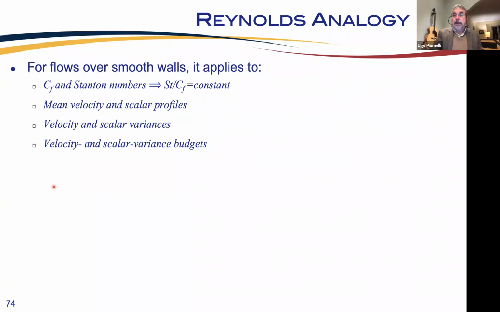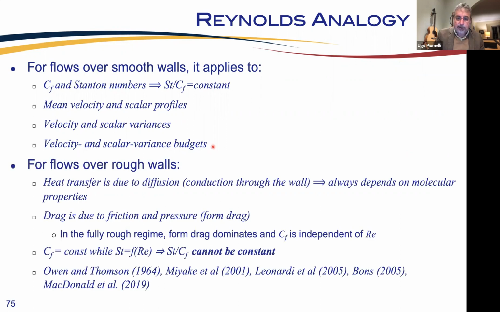And that is true. You look at the relationship between Stanton number and skin friction coefficient, and it's constant. The mean velocity and scalar profiles scale very well. The velocity and scalar variances, and even the budgets of the Reynolds stresses and scalar variance too.